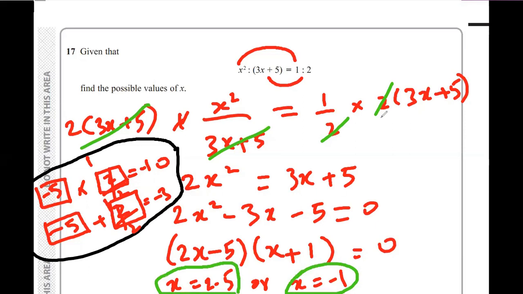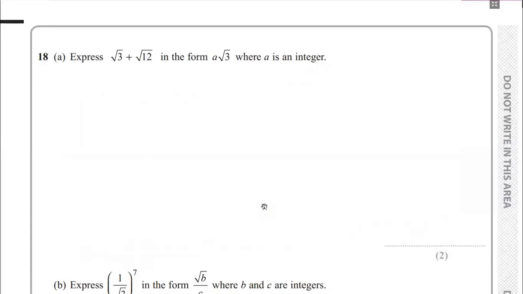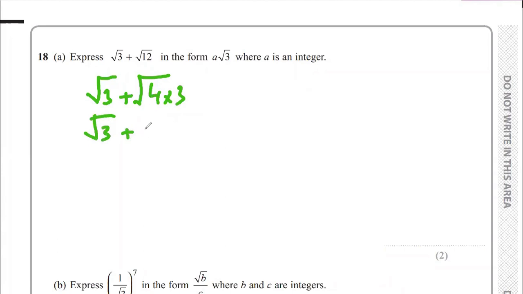Good. Can you help me with this one? We need to express root 3 plus root 12 in the form of a root 3. Root 3 can't be simplified at all, but root 12 can be written as a square number times 3, which is 4 times 3. So this remains root 3, plus the square root of 4, which is 2, so 2 lots of root 3.